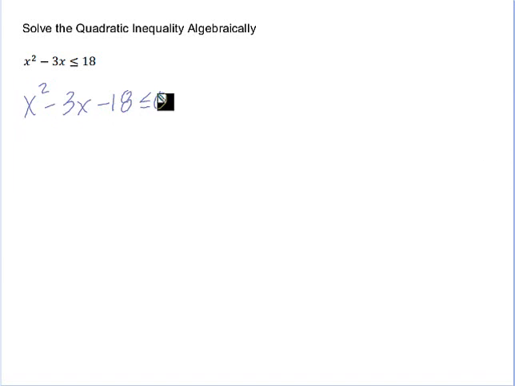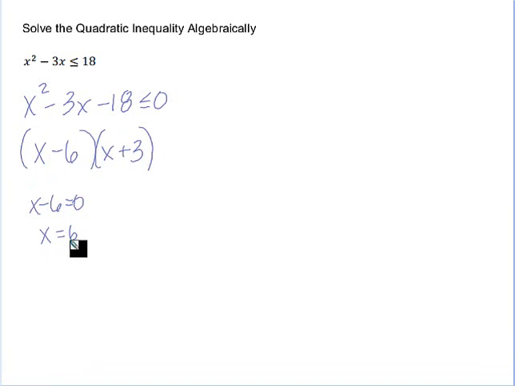Then from here, you want to solve this quadratic by either factoring it or the quadratic formula. I see that this factors to x minus 6 times x plus 3, and then you solve those both. So if x minus 6 is 0, x is 6. If x plus 3 is 0, x is -3.